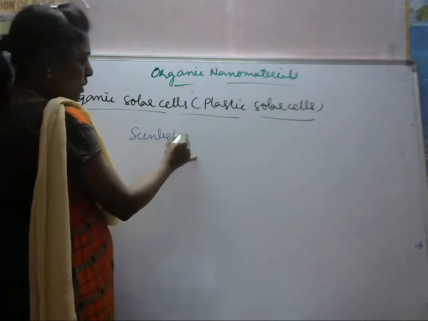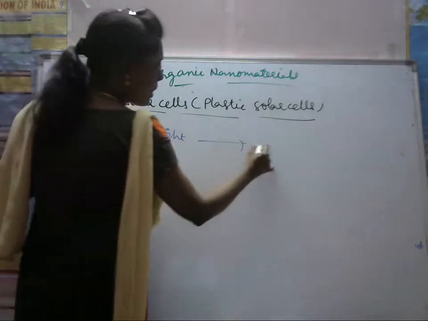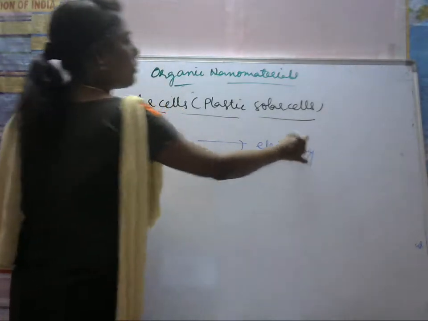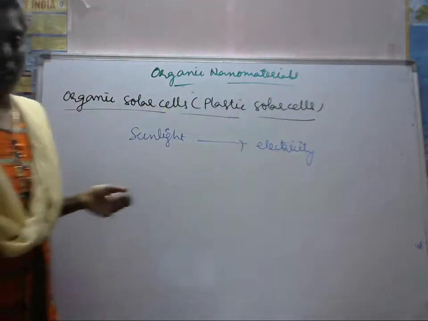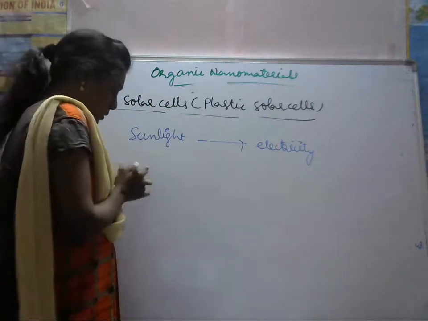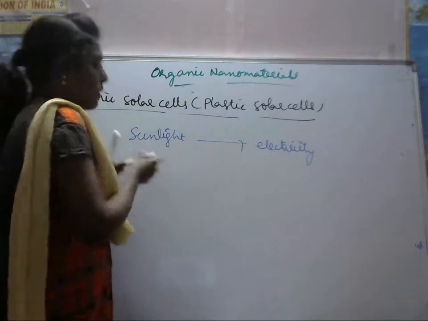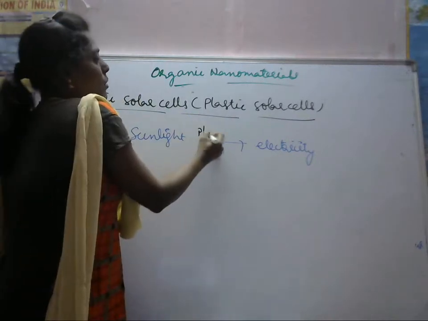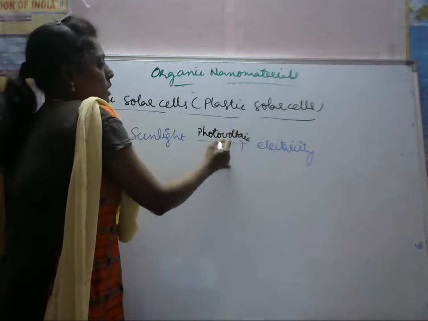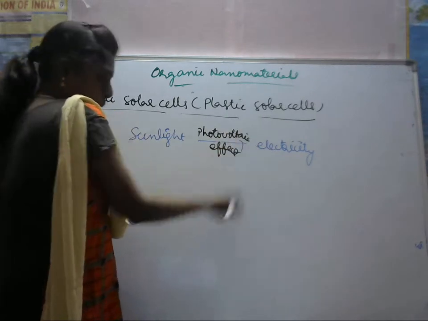Solar means sunlight only, no? It produces electricity, and we know that we are using solar electricity. Here the photovoltaic effect will be there, so by the photovoltaic effect the electricity will be produced.